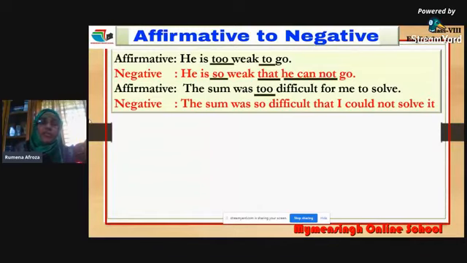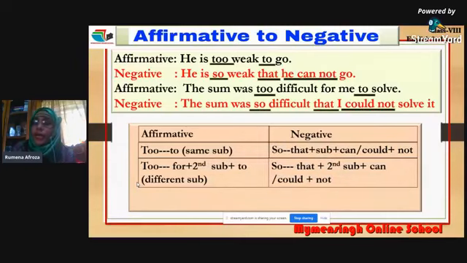And another difference: look at the second example. The sum was too difficult for me to solve. The sum was so difficult that I could not solve it. In the second sentence there are two parts, and actually in the second part the subject is different.